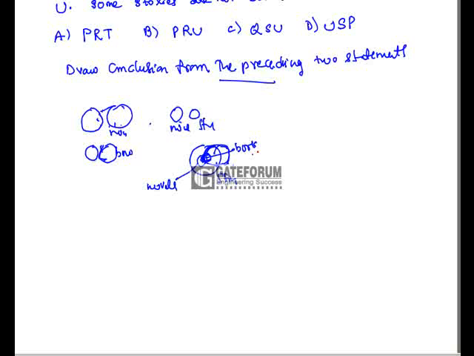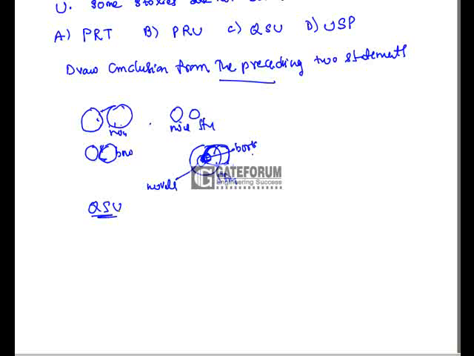Look at the C choice. Q. Q says some novels are not books. Yes, all novels are stories. U. Some stories are not books. Yes, this is the proper link. So Q, S, U is the correct combination. Look at D. USP.